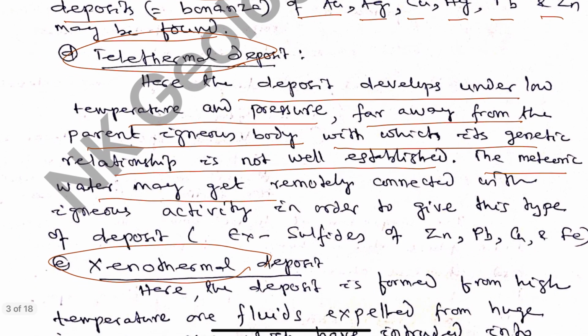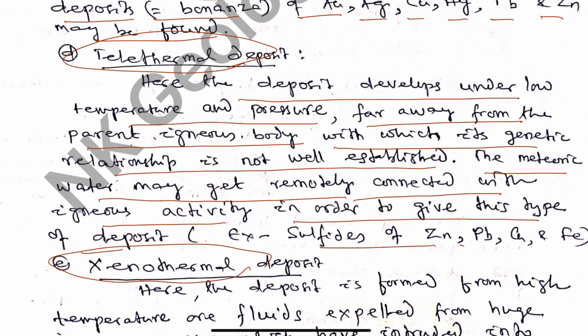The meteoric water may get remotely connected with igneous activity in order to give this type of deposit. So, the genetic connection is not there and it takes place at low temperature and pressure conditions, and the deposits are described as telethermal deposits, such as the sulfides of zinc, lead, copper and iron. These deposits are found by this process.